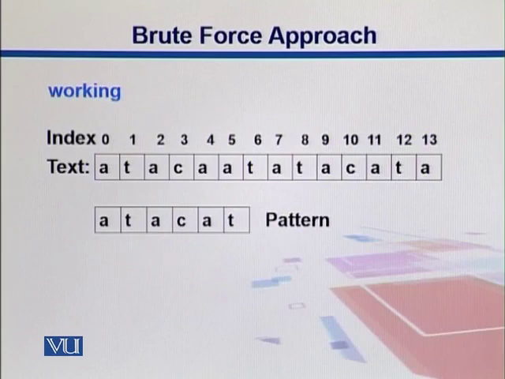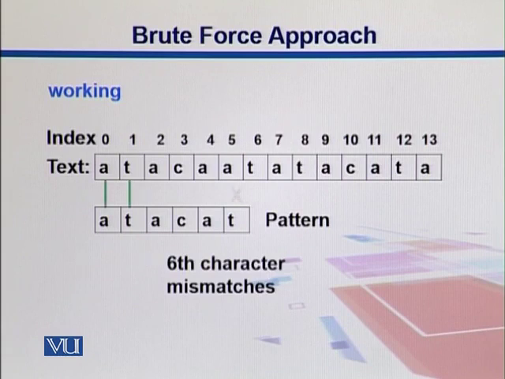So let's elaborate on this with an example. We have a text of length 14 and a pattern of length 6. We start by aligning the first nucleotide of the pattern with the first nucleotide of the text. We see that everything matches except the 6th character, which mismatches.